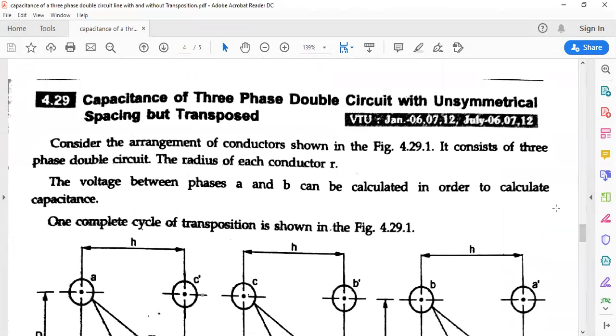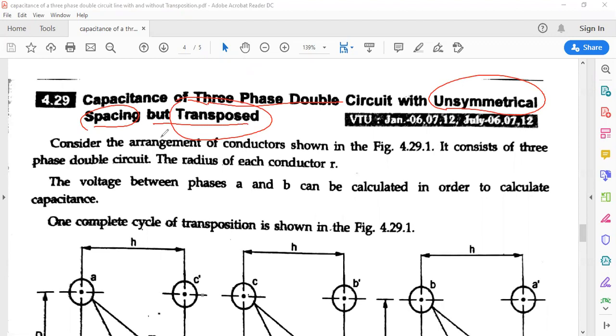Next, it is one of the simple derivations that we are going to follow. It is the capacitance of a three-phase double circuit line with unsymmetrical spacing but transposed condition. So this is unsymmetrical spacing, but it is a transposed condition that we are seeing here.